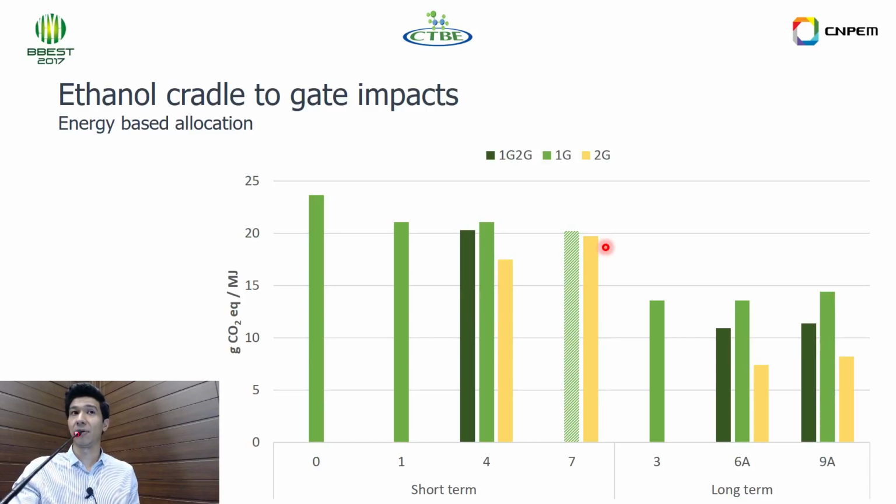If you have an energy allocation criterion, the product that delivers more energy will pay the most for the impacts. That's why, when we compare the emissions of second generation ethanol even with an integrated ethanol, the impacts are very similar, just because I changed from economic to energy-based allocation. And qualitatively, we see that impacts decrease over time as we evolve in second generation technology.